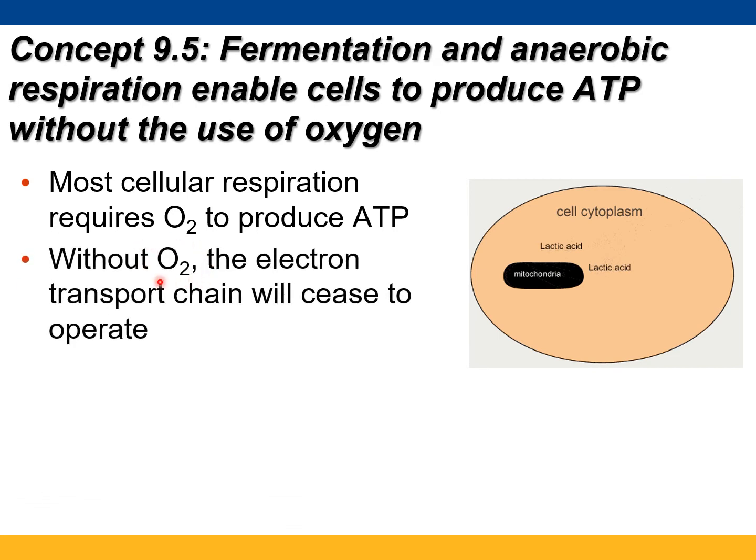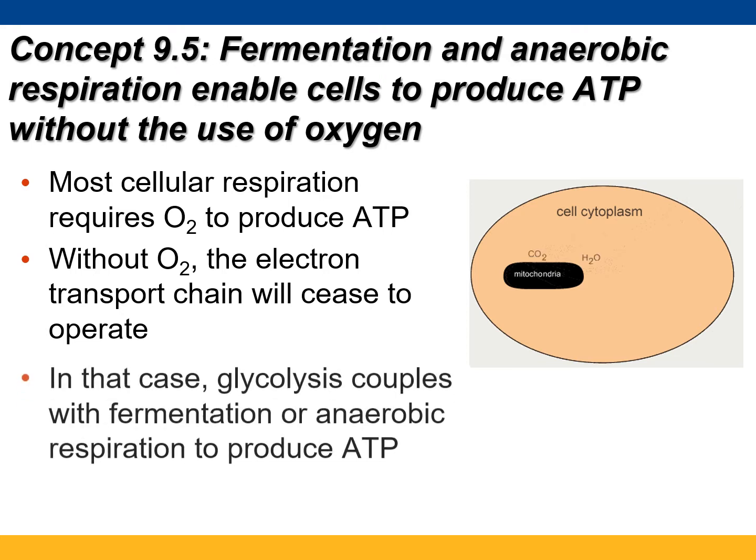However, if we do get to the point where there isn't enough oxygen, the electron transport chain won't function, and we will actually shunt our pyruvate into lactic acid until oxygen returns, and then we will go back to the oxidative side of it. But it actually happens surprisingly often that we switch to an anaerobic condition.